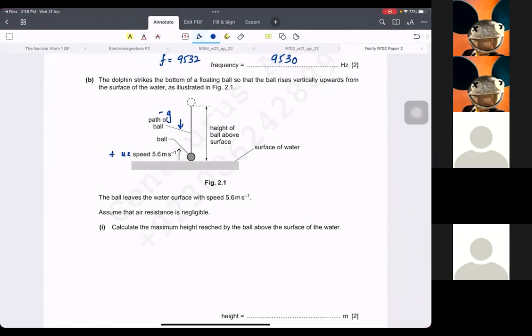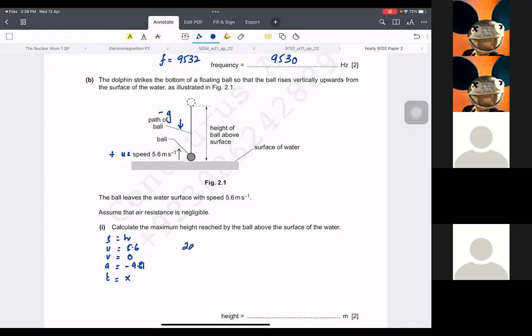Whenever something like this is given, you have to use SUVAT. You have to find this height. Initial speed is 5.6. And the final velocity is always 0. When you reach the maximum, it has to be 0. Acceleration is minus 9.81. And time is not given.